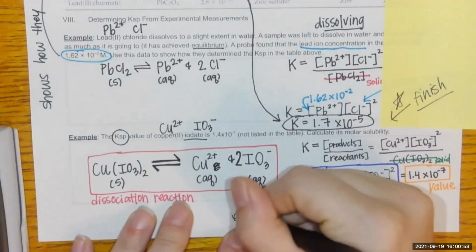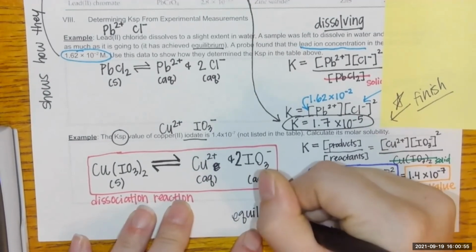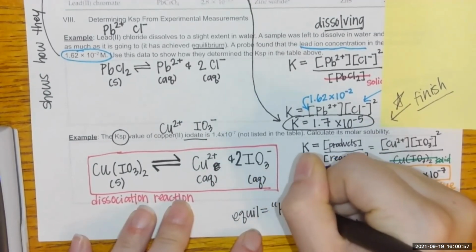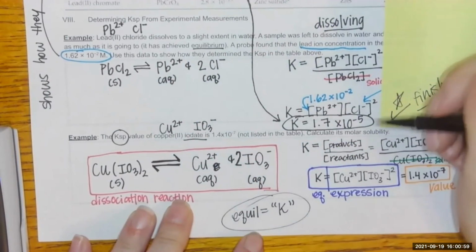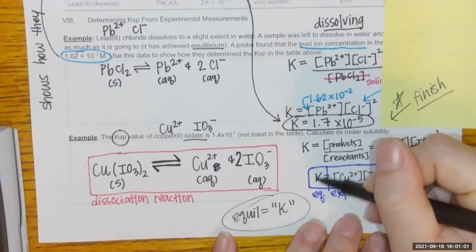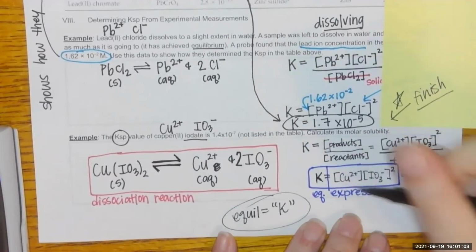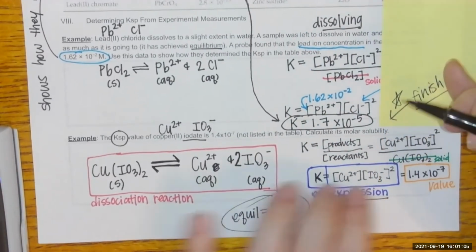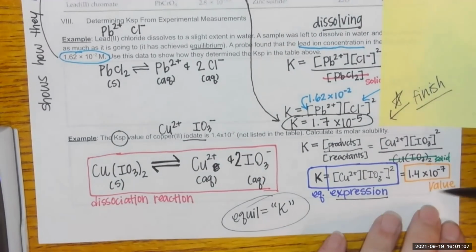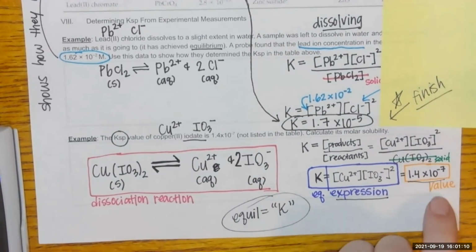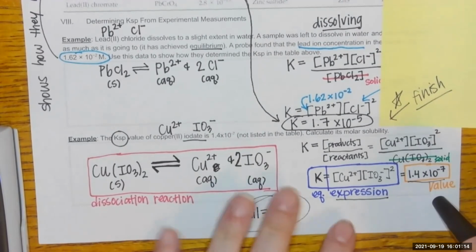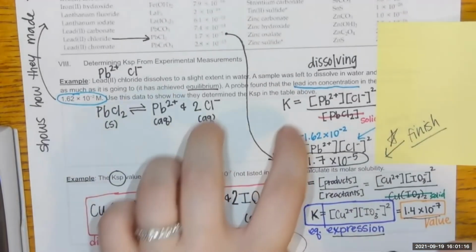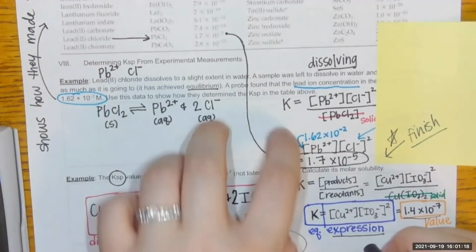Equilibrium, don't know why, but equilibrium is represented by the letter K. So at equilibrium, we have an expression for the reaction, and we also have a numerical value. The numerical values were figured out by actually doing experiments to get them.